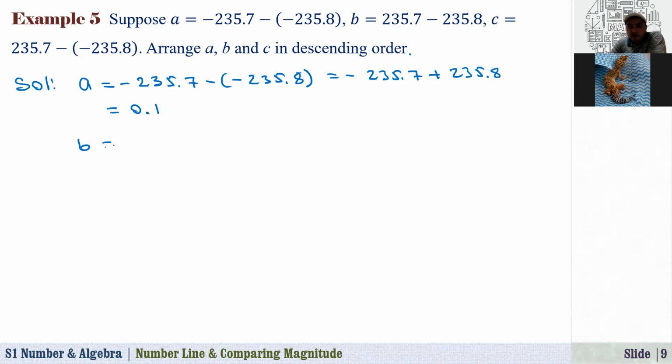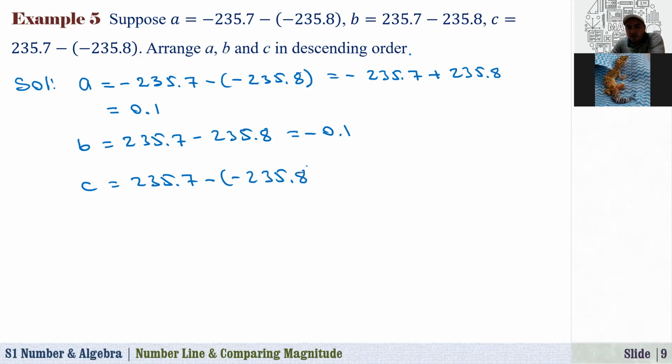And how about B? For B, 235.7, that minus 235.8. So 235 is gone. 0.7 minus 0.8, that is minus 0.1. And how about C? C equals 235.7 minus 235.8.